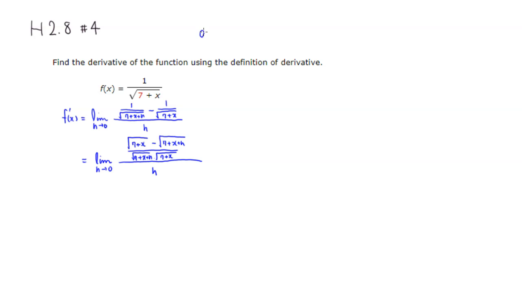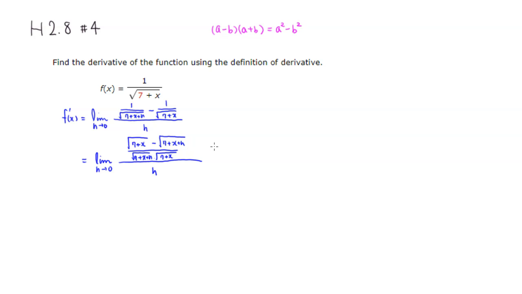Remember that when you have a minus b, and you multiply by the quantity a plus b, we get a squared minus b squared. So we're going to use that here.